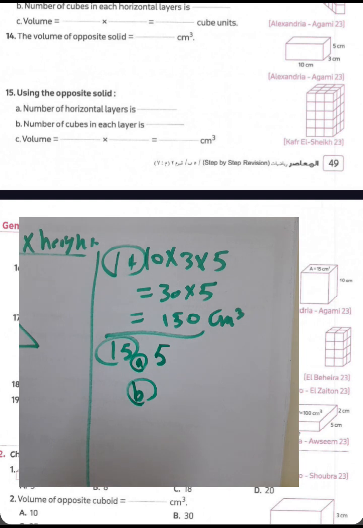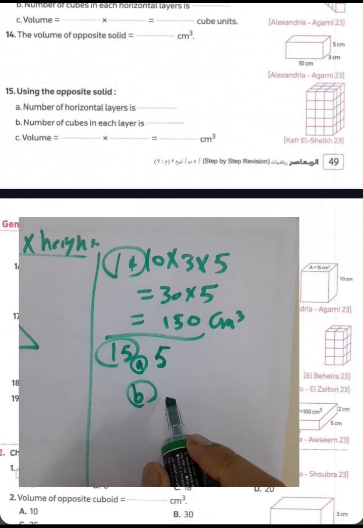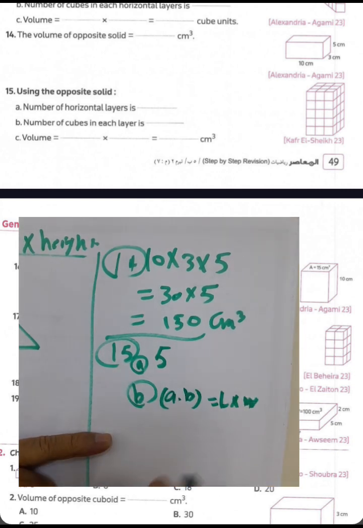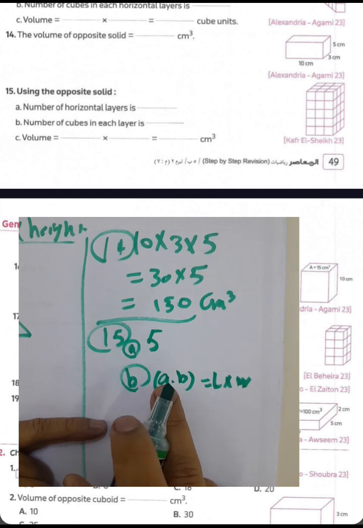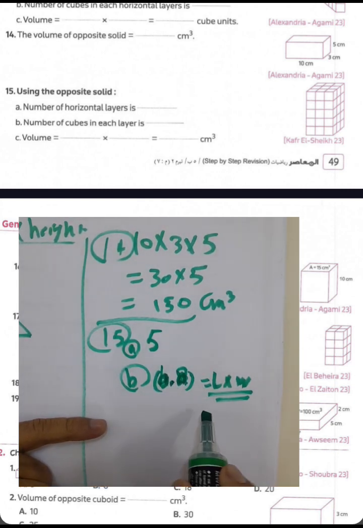Letter B, number of cubes in each layer. In each layer contains how many cubes? We can find the number how? You can write length times width. To find the number of cubes in each layer, you can find the base area, meaning length product by width.